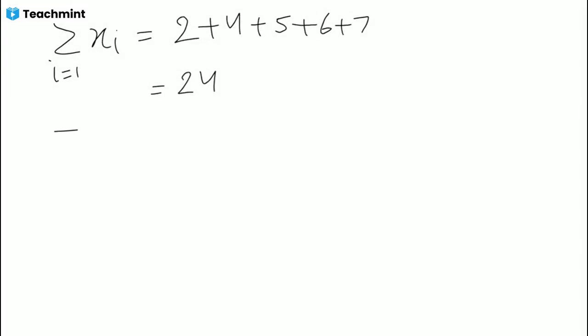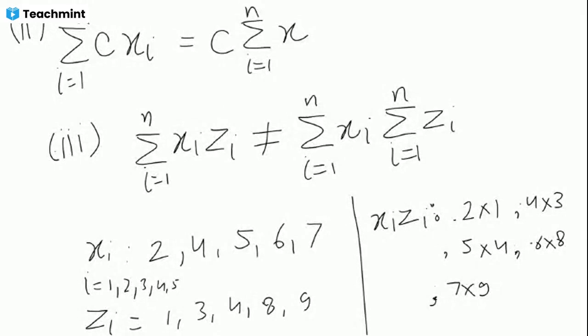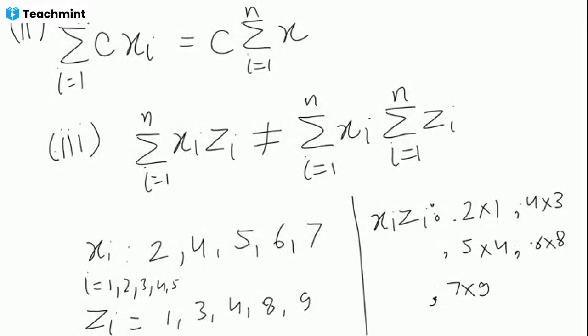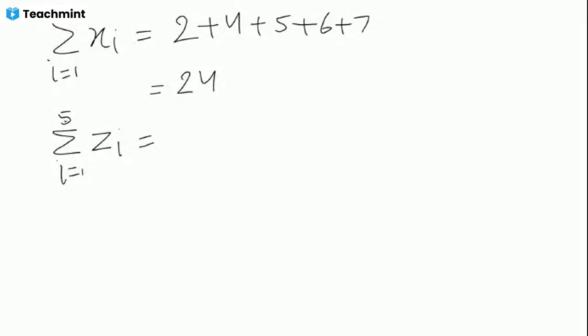Now let us find the summation of zi, i is equal to 1 up to 5. Sorry, zi, not yi, we are doing it for zi. The values are 1, 3, 4, 8, 9.